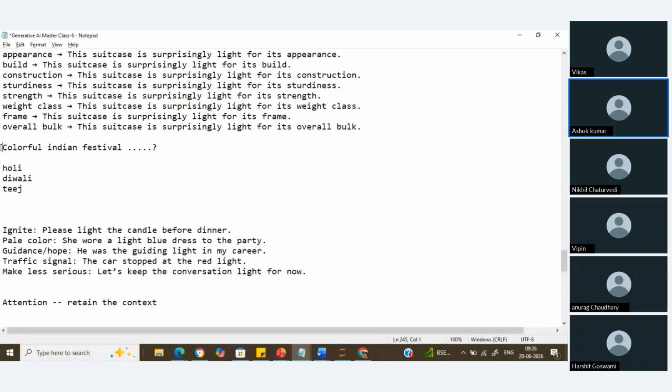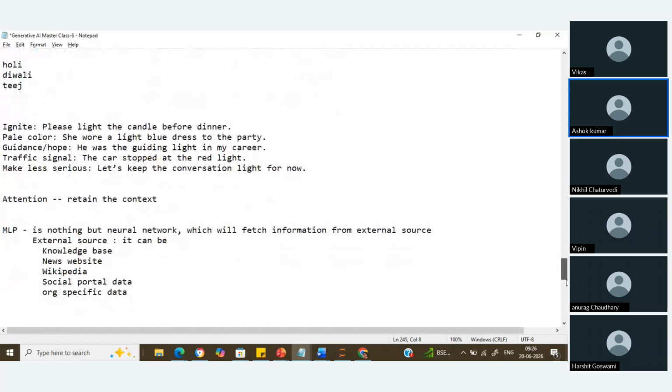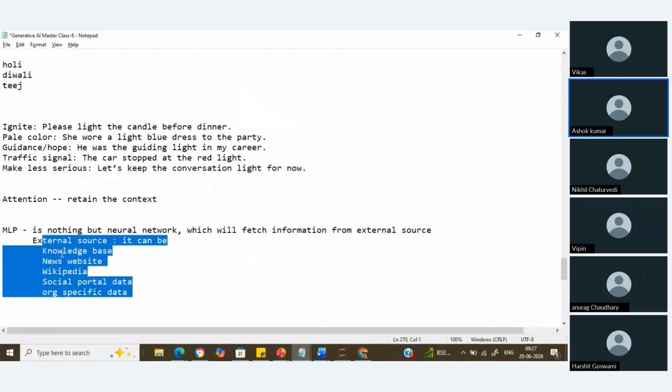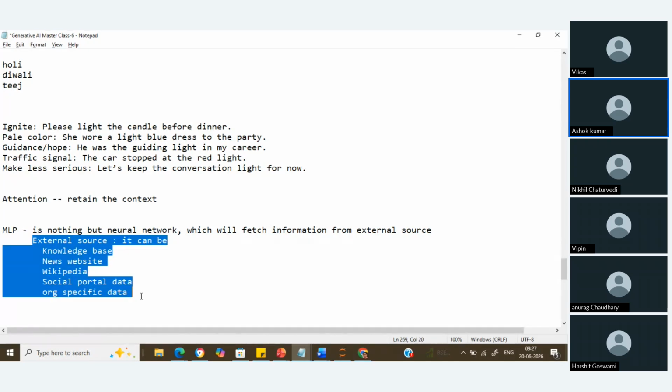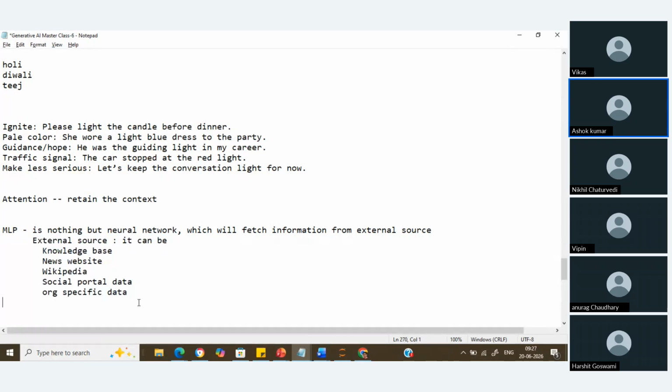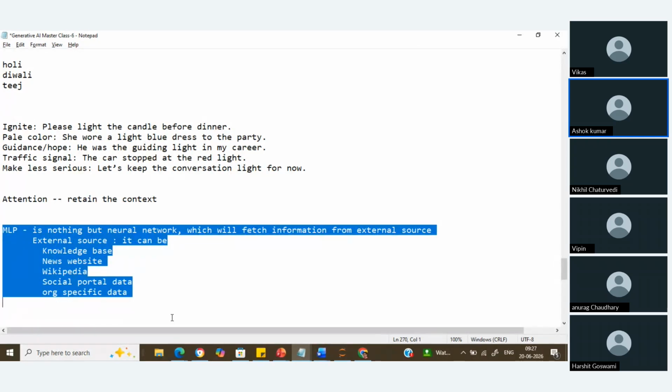Now, if we have the context, then based upon this context we look it up from the knowledge base, and the knowledge base can be anything, say news or other sources. We fetch the information now.